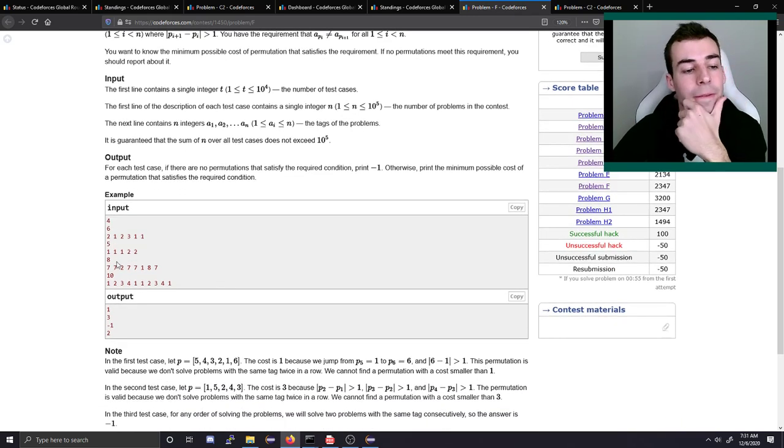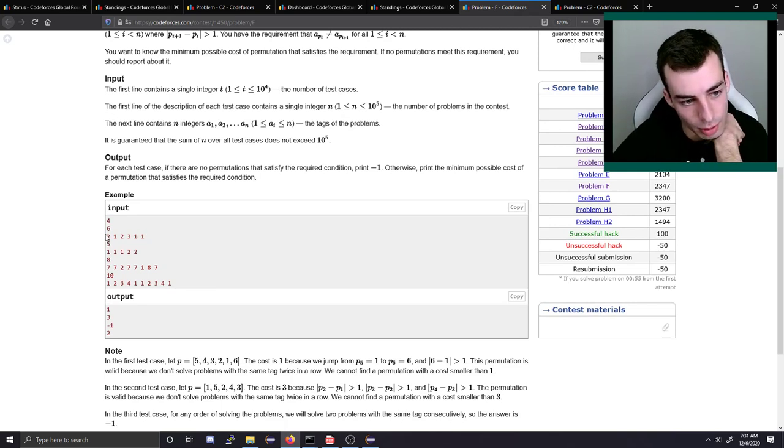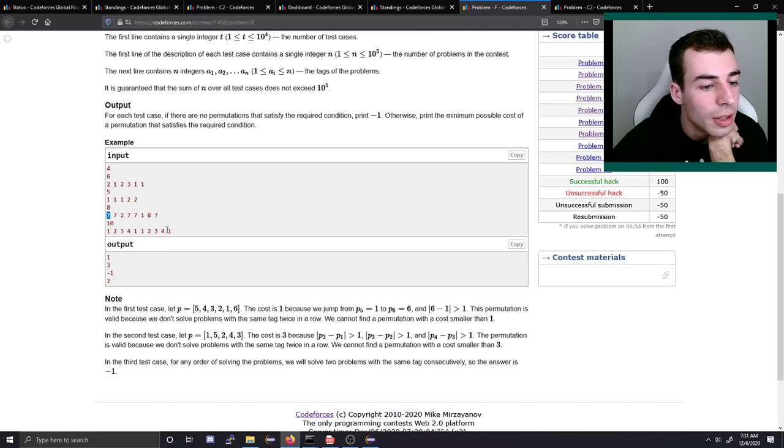Interesting. So you can start with this and then do them in order. So this is 1, yeah. 3. This one is impossible because more than half of them plus 1 are 7s. 7, 8, 7, 1, 7, 2, 7. Yeah, okay.